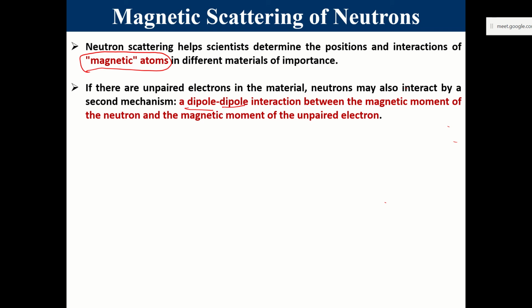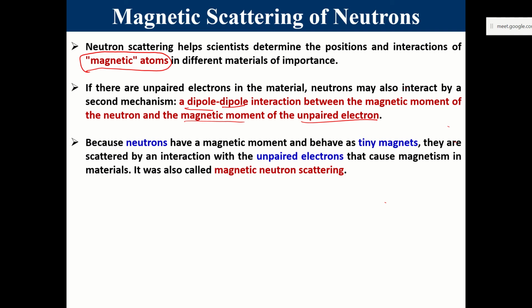Remember I told you that the electron behaves as a magnetic dipole, and the neutron will also behave as a magnetic dipole. So it is an interaction of two magnetic dipoles, and that will also cause scattering.